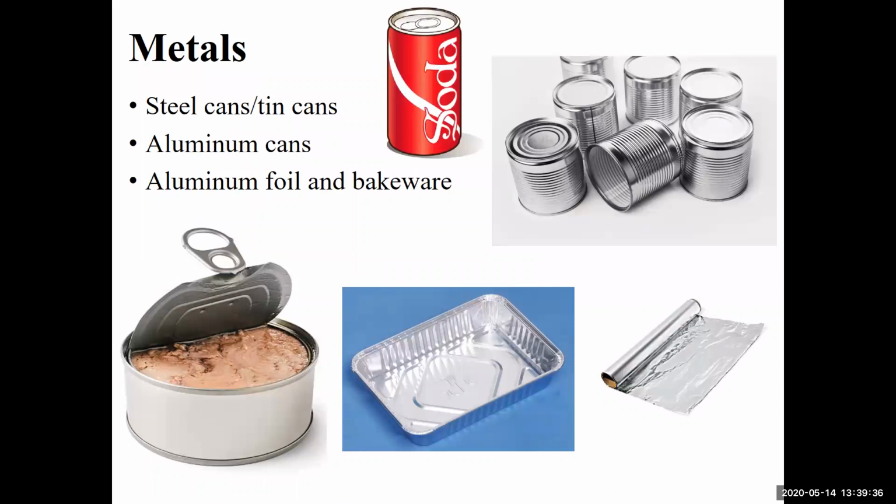Now we're moving on to metals that can be recycled. Many of us probably drink beverages such as colas, juices, or sparkling waters from an aluminum can. This aluminum can is 100% recyclable.